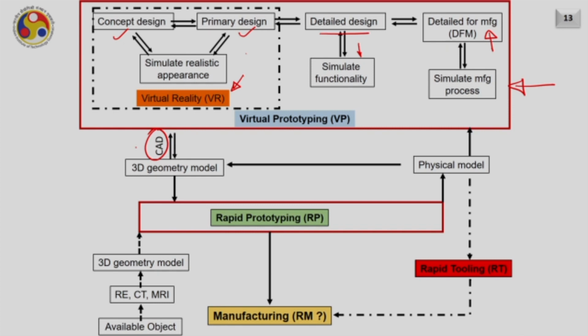Once you get this 3D CAD model, we go for prototyping. Like I said, any manufacturing process can be rapid prototyping if it creates the prototype faster. However, we have seen that due to the generic nature of additive manufacturing, it is well suited for creating the prototype in a very fast manner.